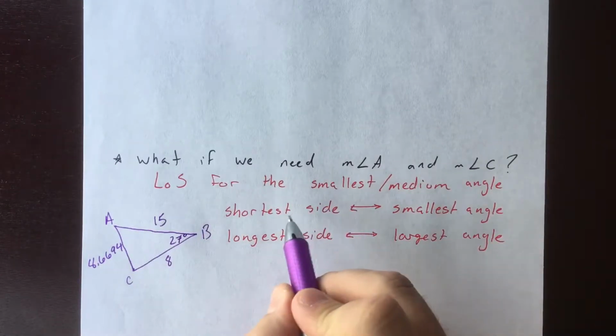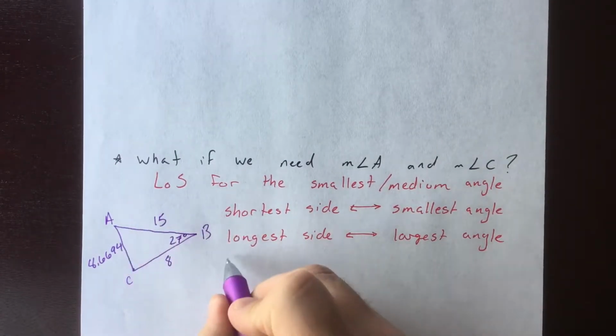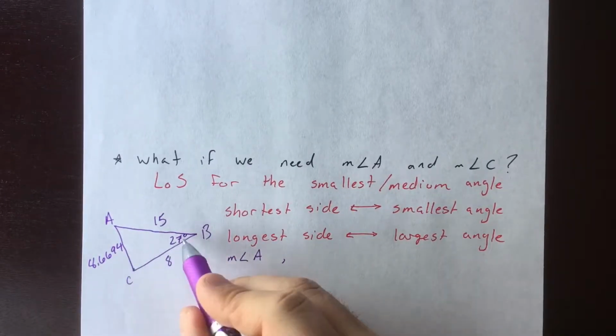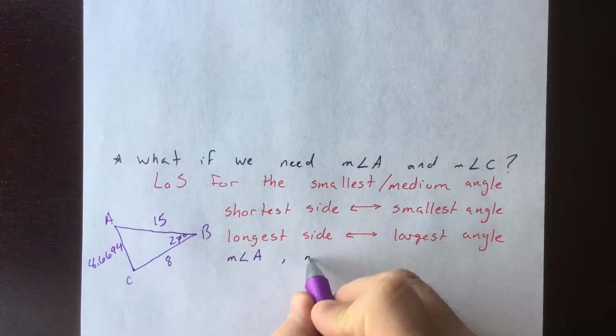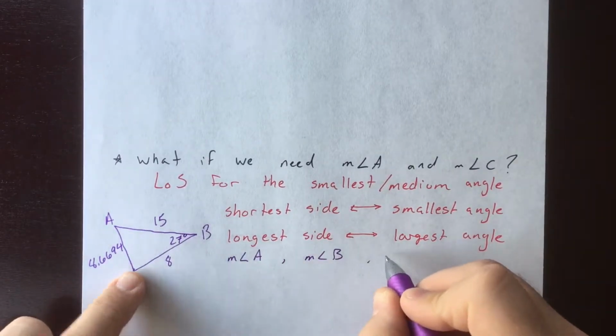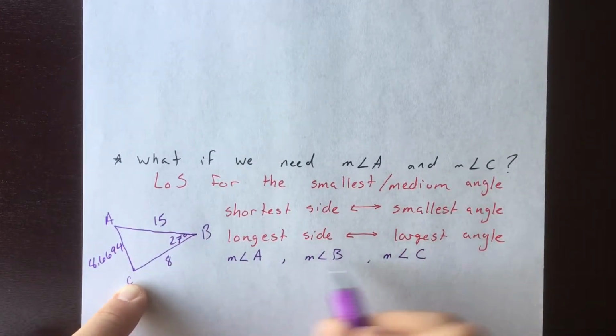So the shortest side, 8, tells us that angle A is the smallest angle, followed by would be angle B, and then the largest angle must be angle C because it's opposite of the largest side. So it increases here.